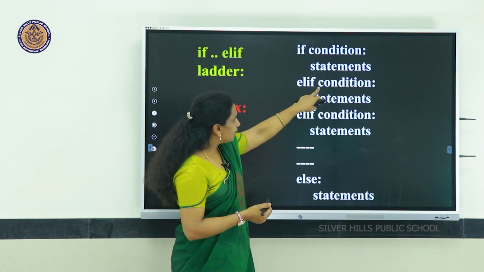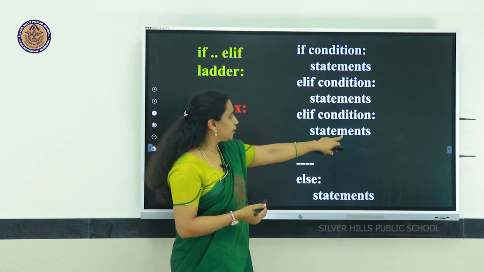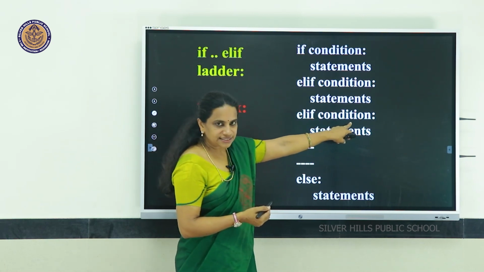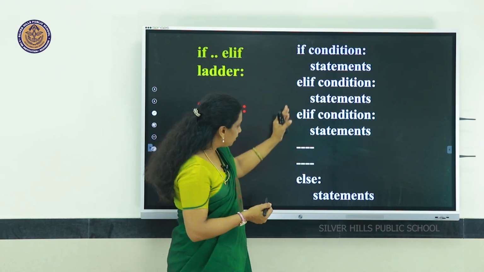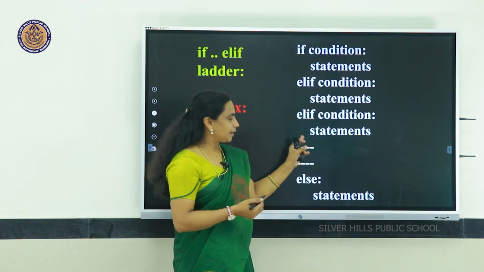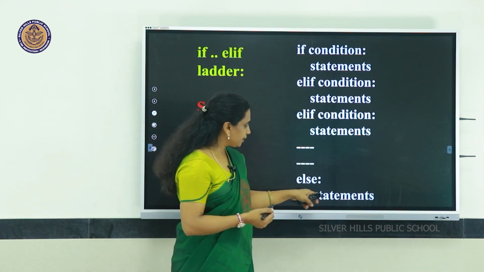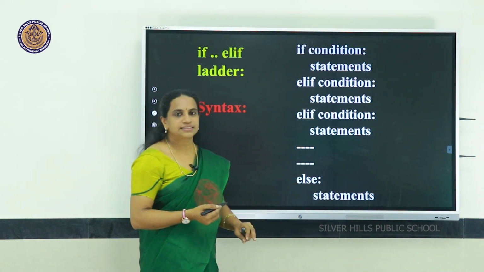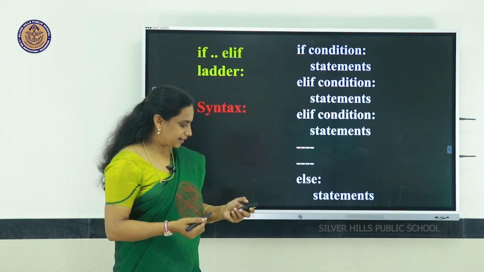Again if this condition also fails, you can have another elif condition, then you can check whether that condition is satisfied, accordingly you can execute a number of statements. This continues until all the situations fail, then there is an else statement followed by a certain number of statements. This is known as the if, elif ladder.